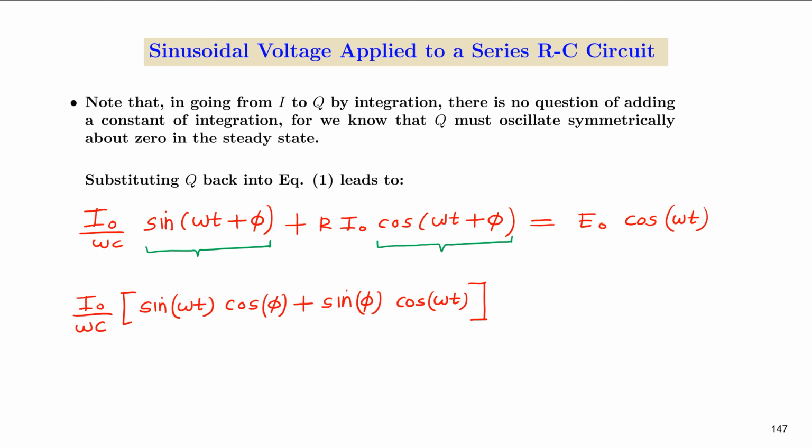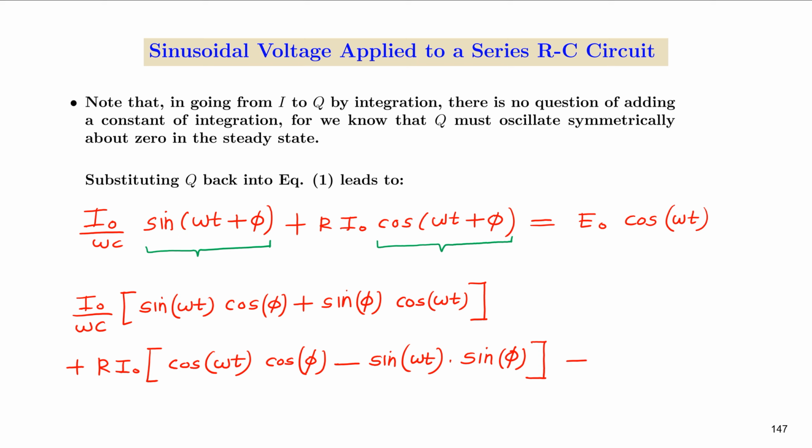That is the first term, and the second term is plus R I0, cos of omega t, then cos of phi minus sine of omega t multiplied by sine of phi, and this is equal to E0 cos omega t.